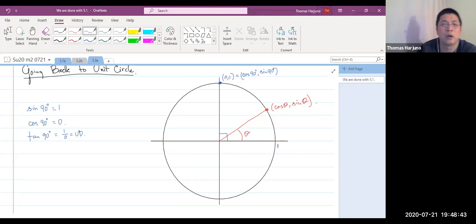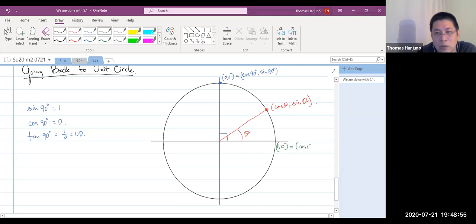Furthermore, let's say we look at this coordinate here, 1, 0. The associated angle is 0 degrees, so this is cosine 0 degrees, sine 0 degrees. Sine 0 degrees is 0, that's the y component.